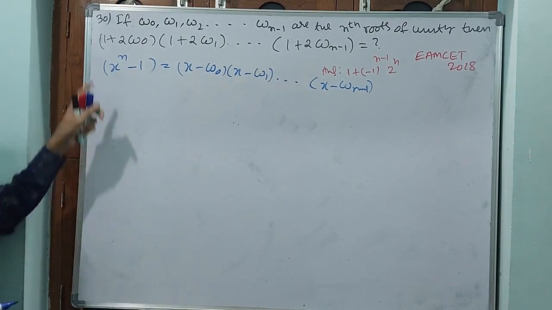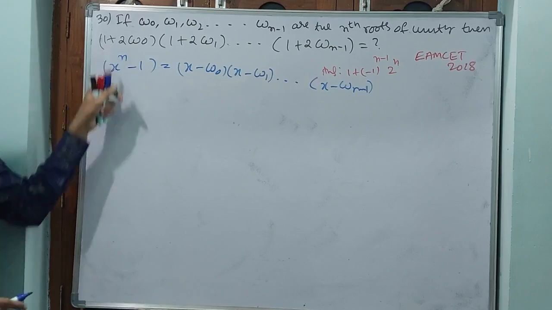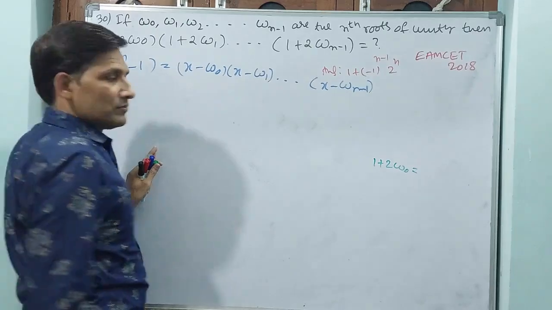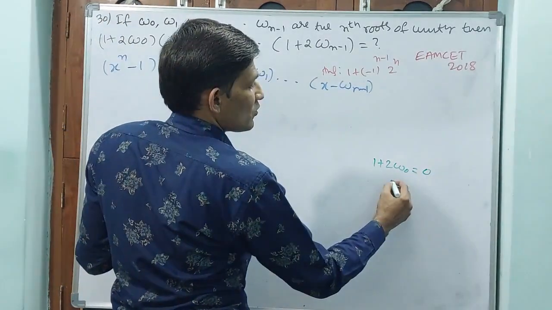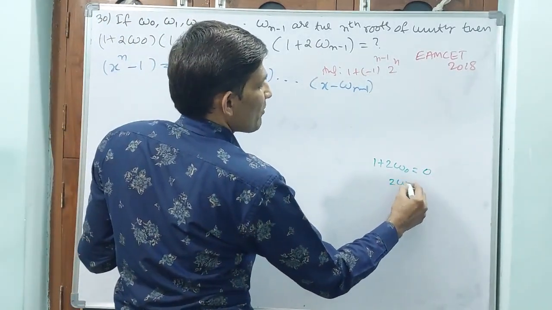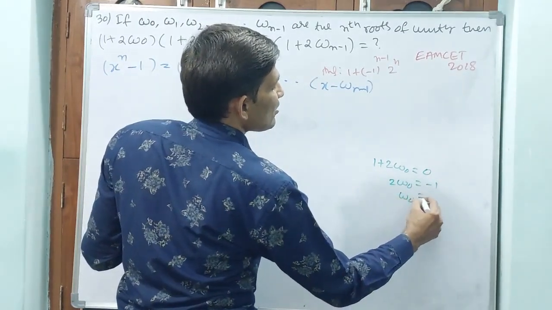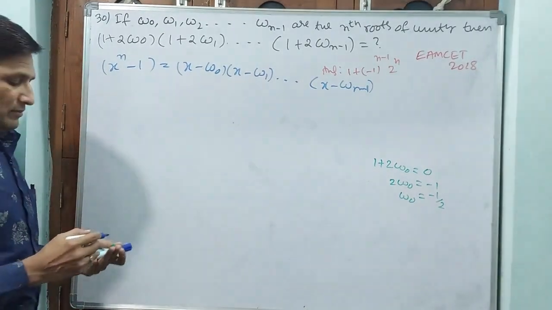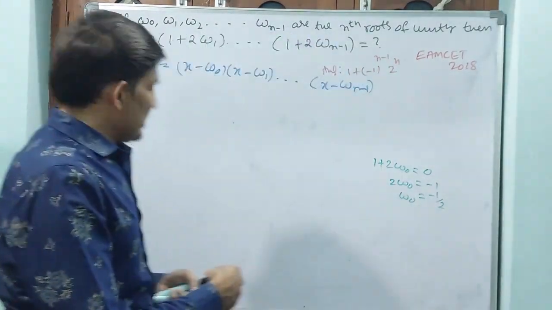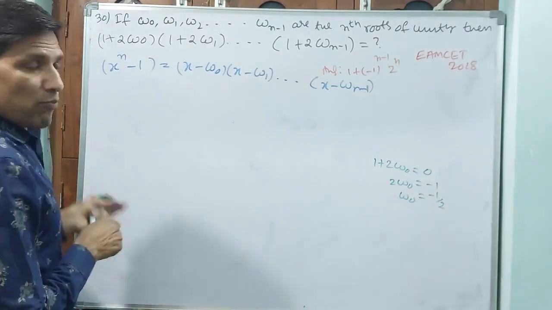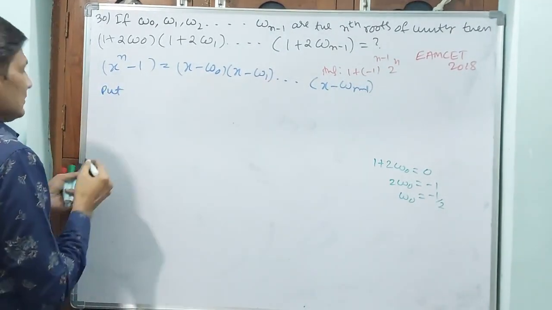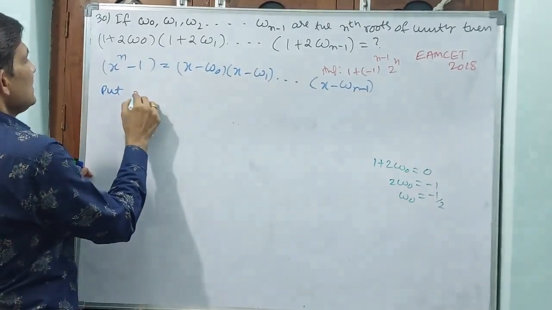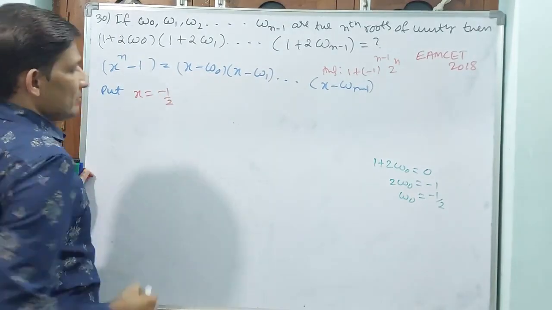Okay, now see what I want to do here. If you observe carefully, one logic I am telling. You see, 1 plus 2 omega 0 is there. Okay, if you want to get this, you see, 2 omega 0 is equal to minus 1, omega 0 is equal to minus 1 by 2. That means you put in x place minus 1 by 2. Understand? I am writing here. Put x is equal to minus 1 by 2.